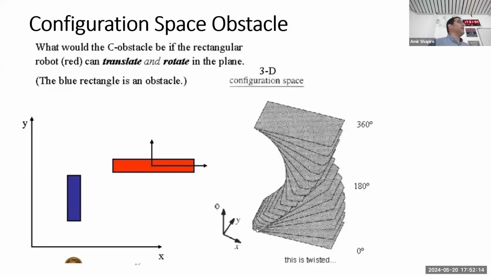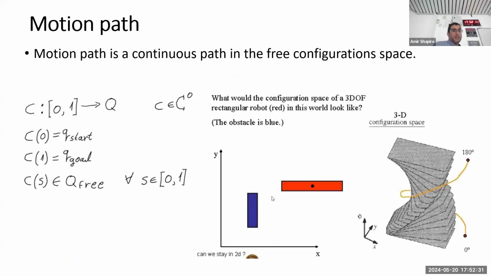So if we want to plan the motion of the robot, we need to plan from one position and orientation to another position and orientation in the configuration space, and find a path without hitting the obstacle.